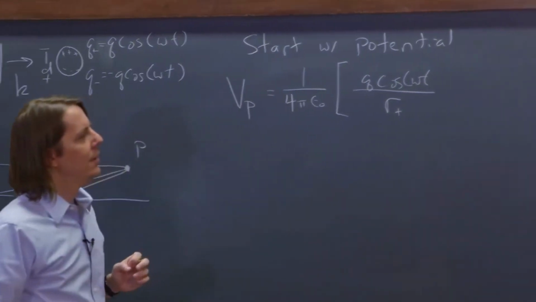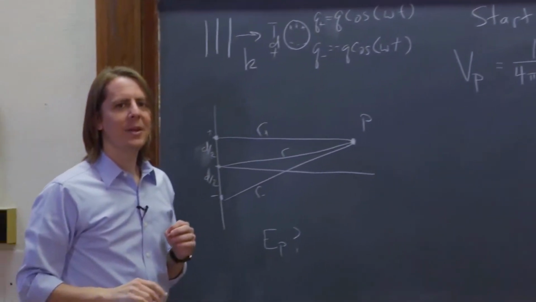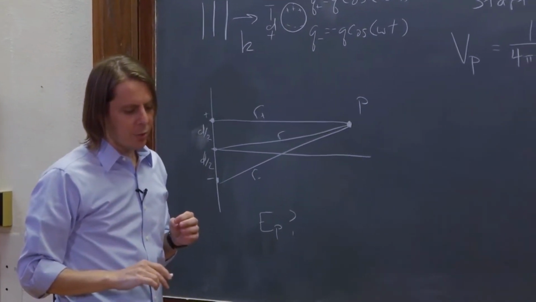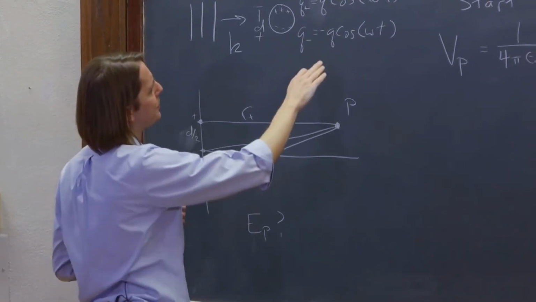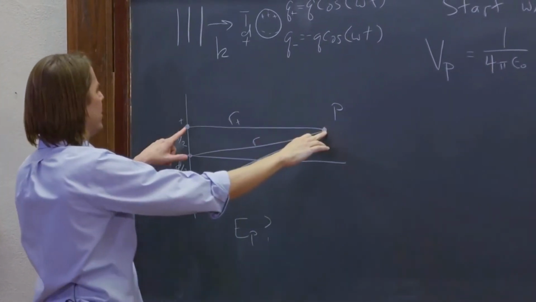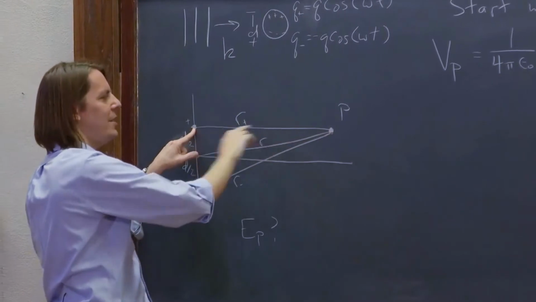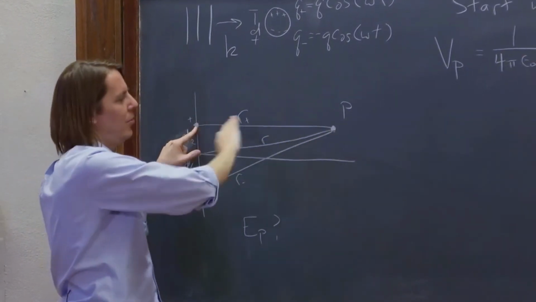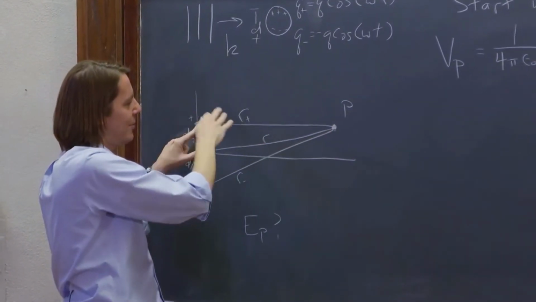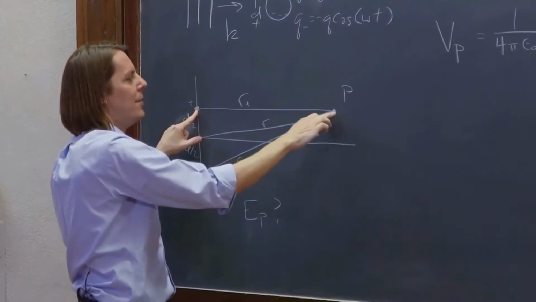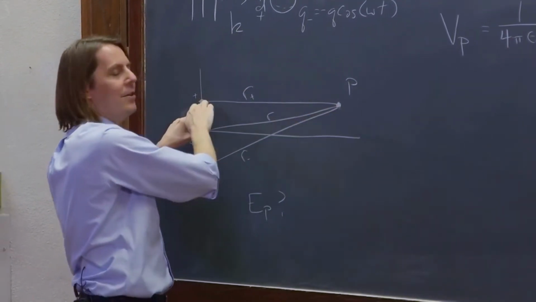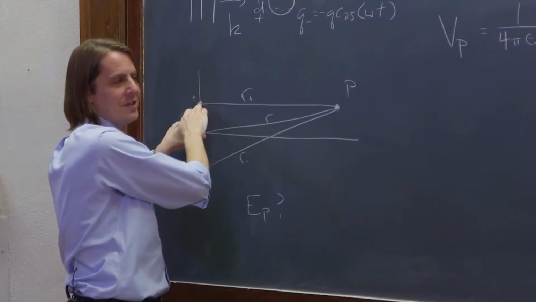But it's not really omega t, because we are thinking about the field here due to a change here, and it's not instantaneous. We're talking about light. It takes the time that it takes light to go from here to here for the potential here to be updated due to the instantaneous change in charge here.